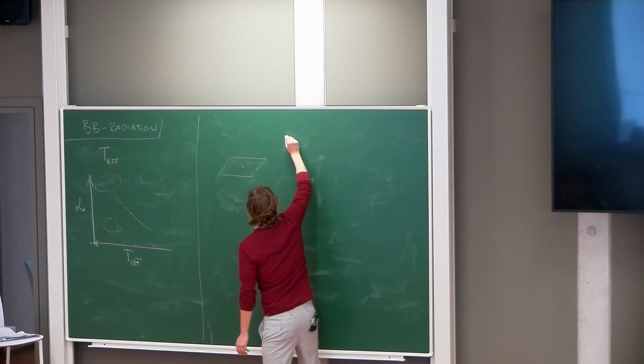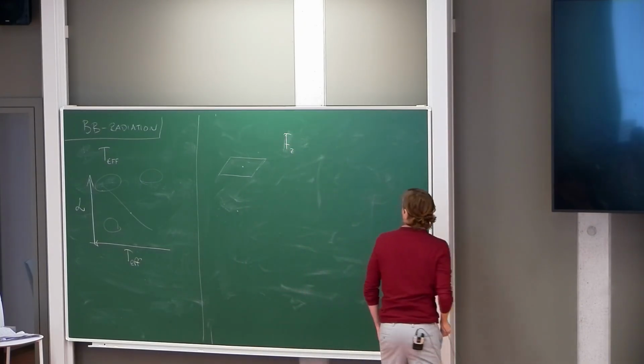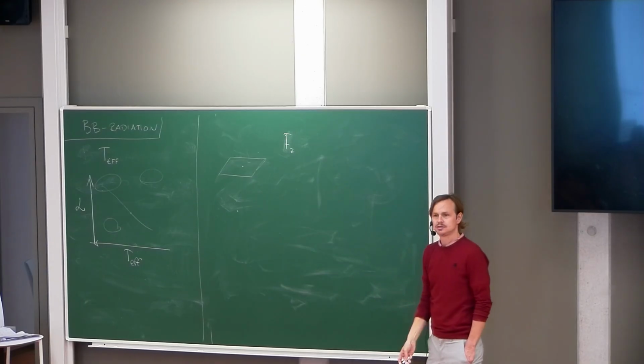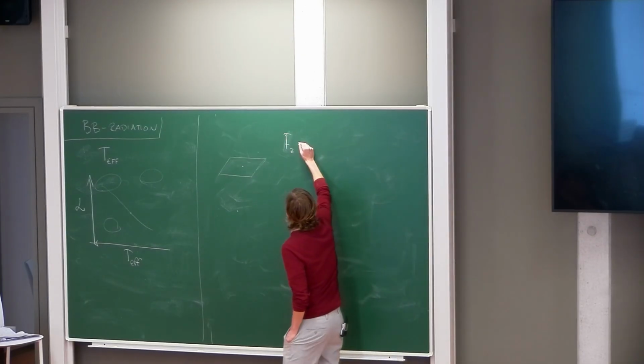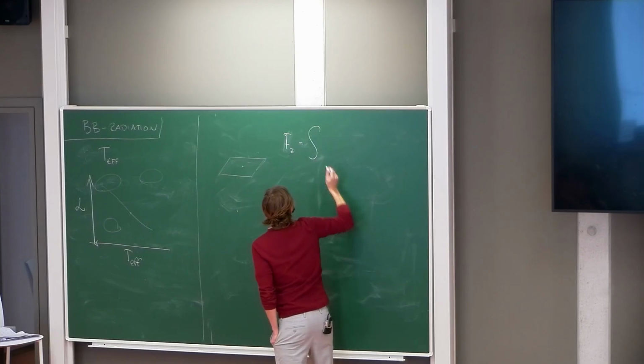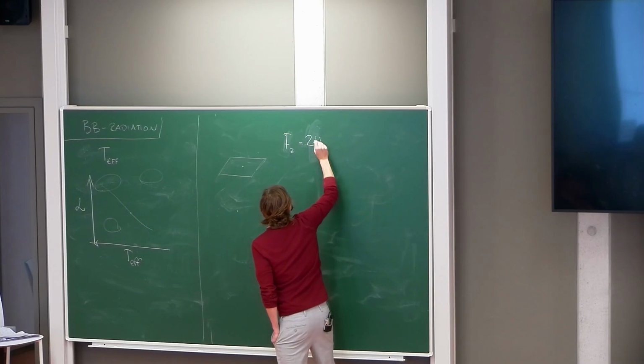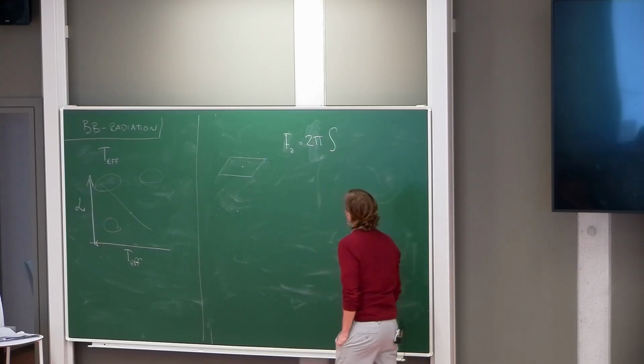So that means that you have something, and that could be what you calculate in your model, or it could be what you measure, yeah? That is then, well, it's 2 pi, right? Because the phi integral has already gone away.